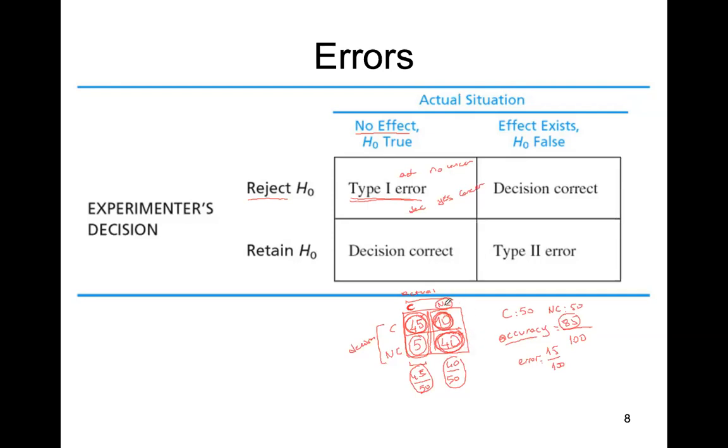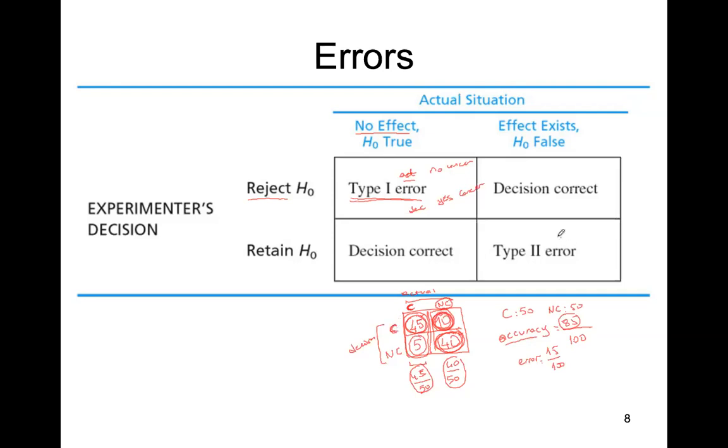Out of 50 people, I found 10 of them as cancer, even though they are non-cancer patients. So this is type 1 error. Even though the actual situation is that there is no cancer, I find them as cancer.